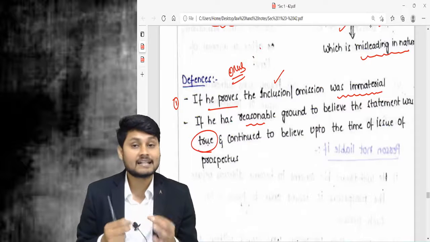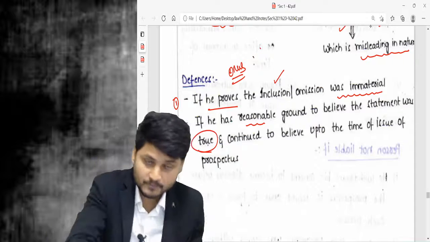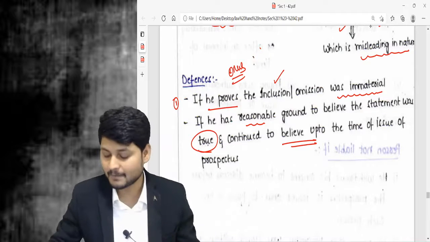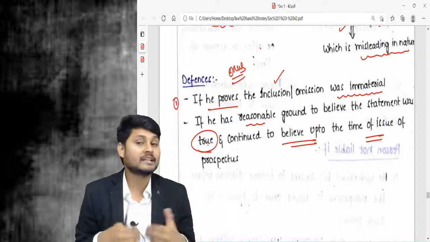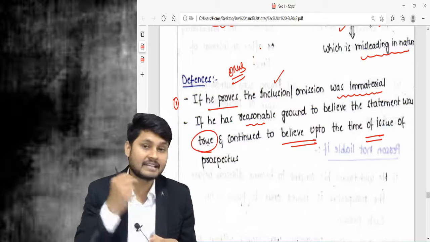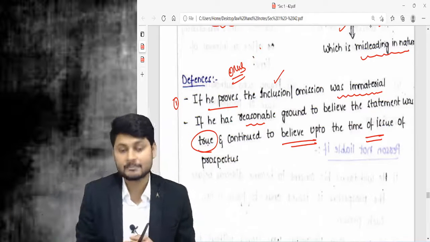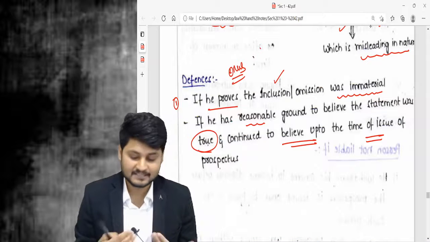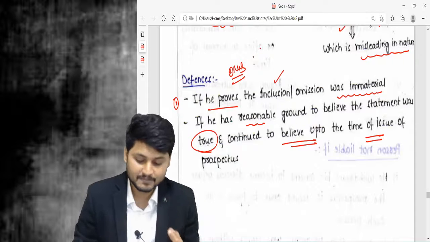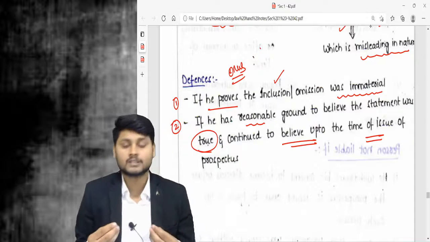He had that reasonable ground to believe that the statement included in the prospectus is true, and he continued to believe the same up to the time of issue of the prospectus, until it was issued to the public. These are the defenses which are available in case of criminal liability. That is point number 1 and point number 2.